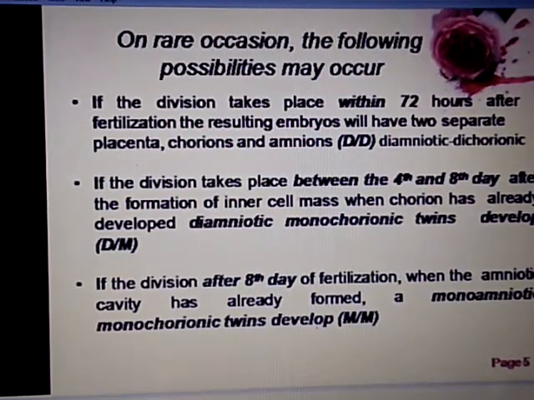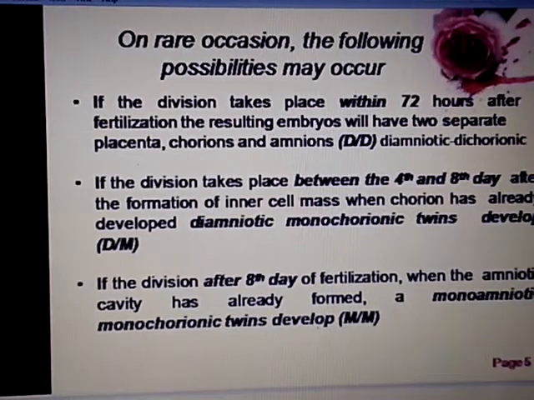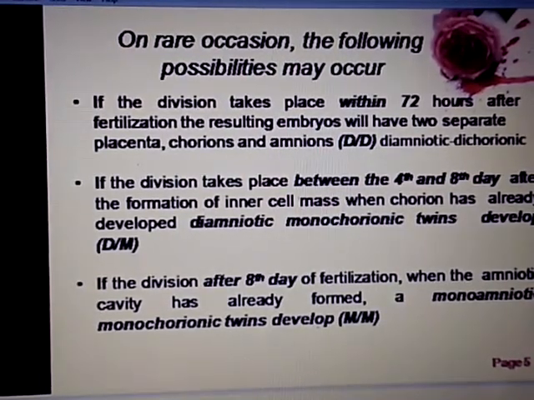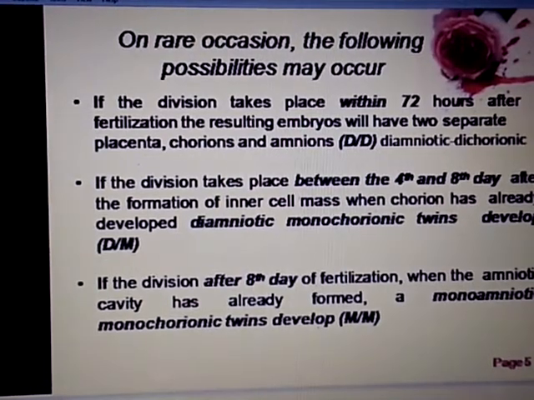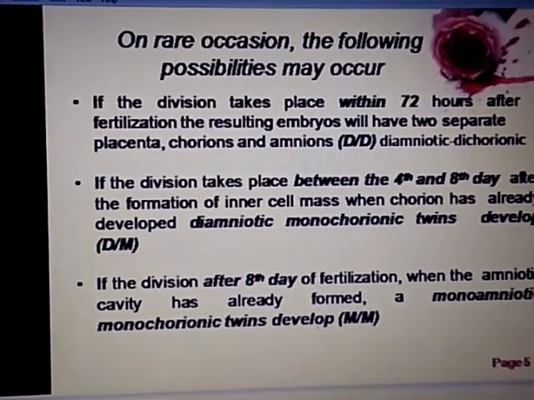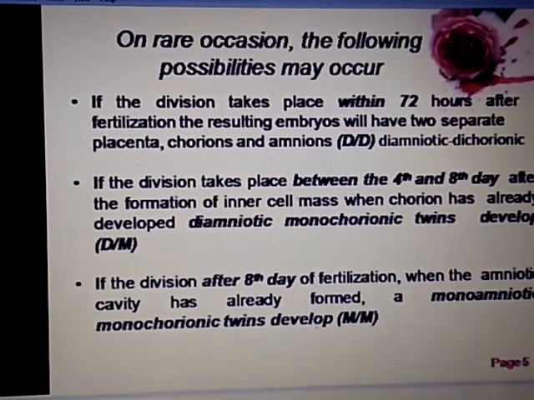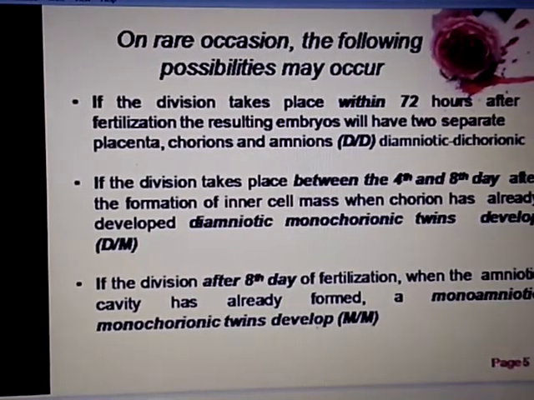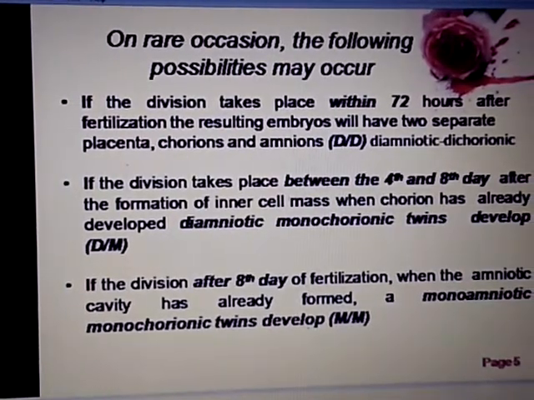On rare occasions, the possibilities of occurrence in twin pregnancy are as follows. If the division takes place within 72 hours after fertilization, it leads to formation of separate placenta, chorion and amnion. This type we call diamniotic dichorionic.